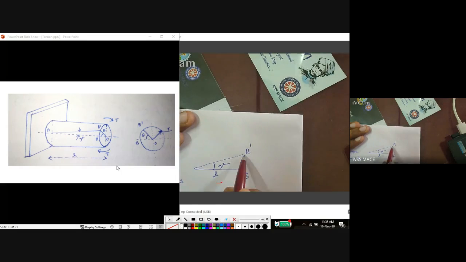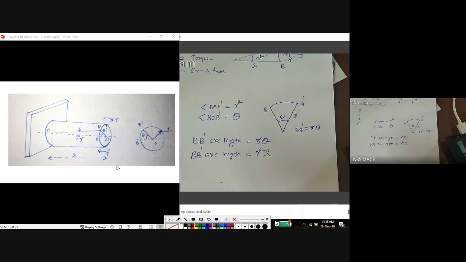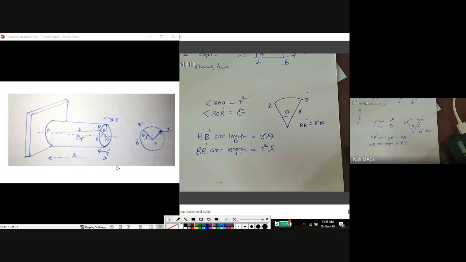And similarly, this is O and this is theta, so this arc BB dash is equal to the radius times theta. So BB dash is equal to R theta. Again, BB dash is equal to gamma L, because this arc BB dash is common for this area and this area. So we can write both arc lengths BB dash as R theta and gamma L.